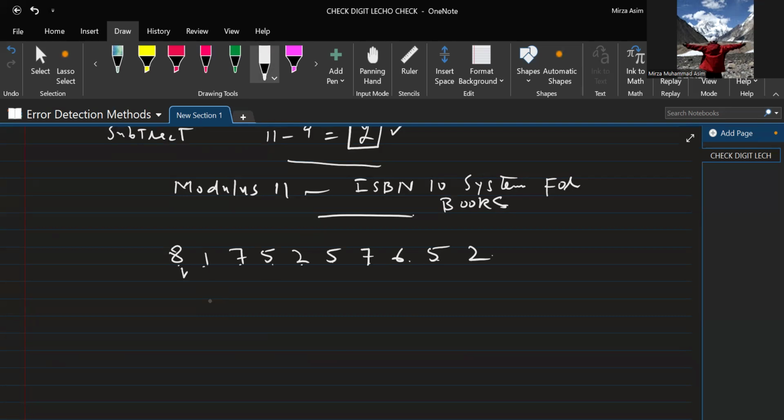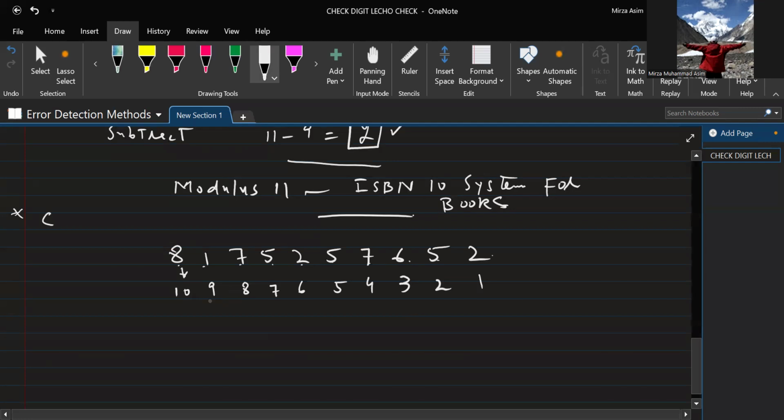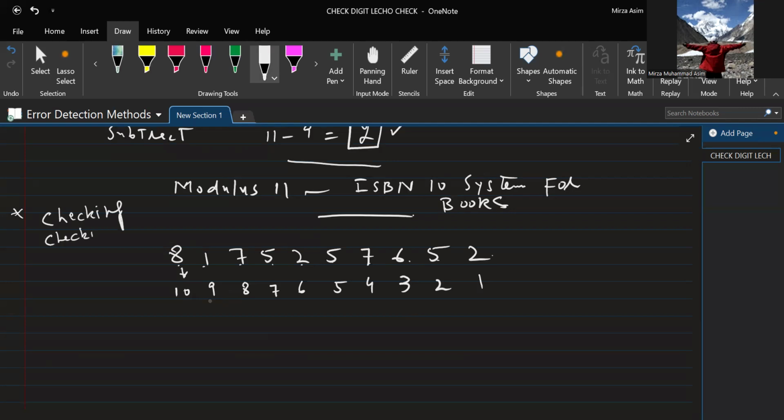The weight of this digit position is 10, then 9, 8, 7, 6, 5, 4, 3, 2, and 1. Okay, checking. Let me write what we are doing. We are checking whether the check digit is valid or invalid, right?